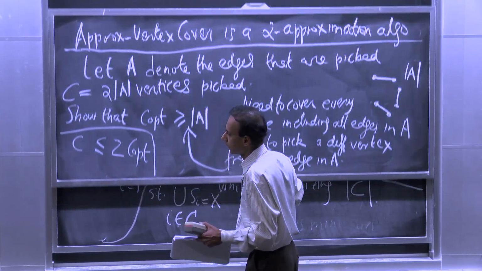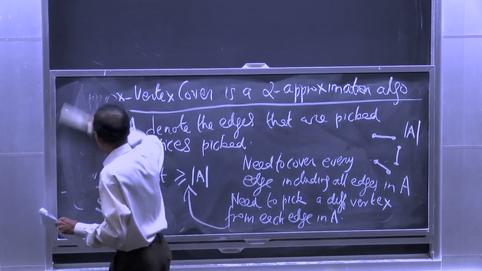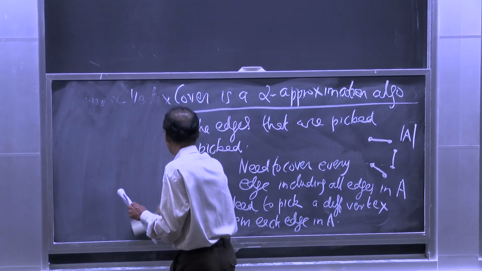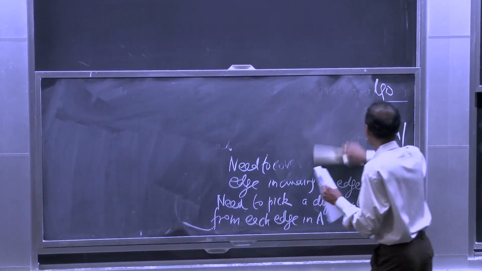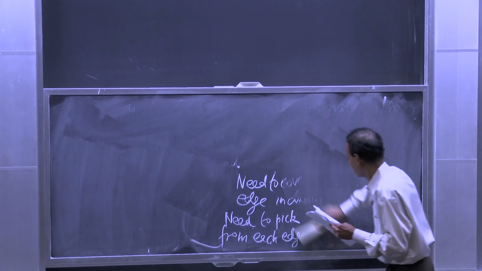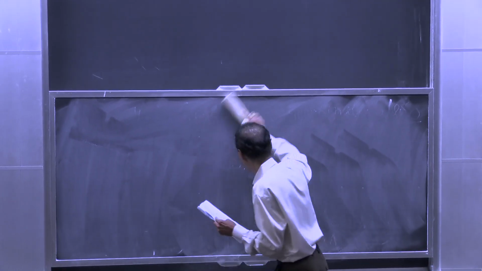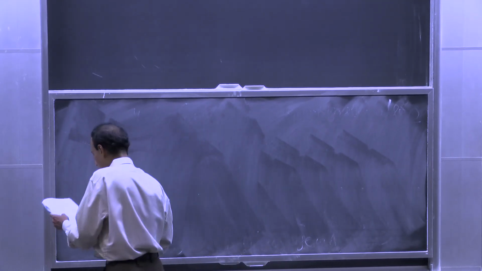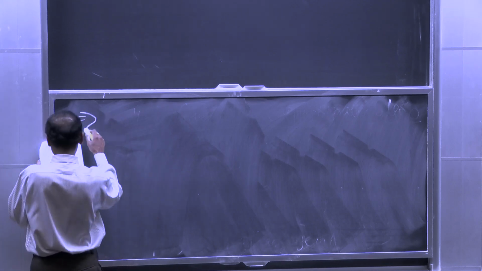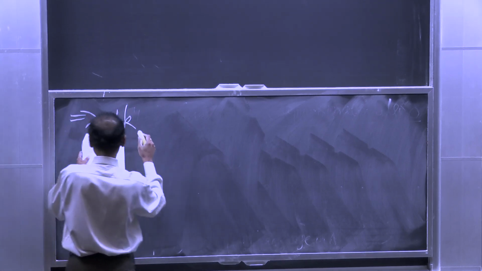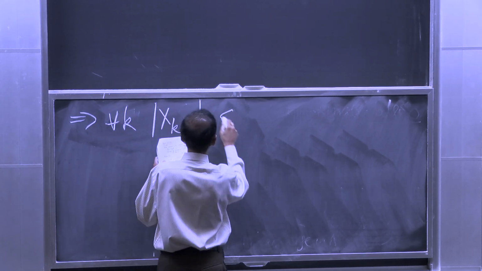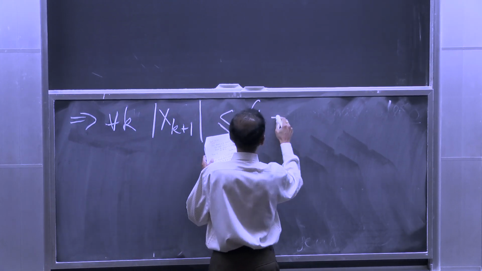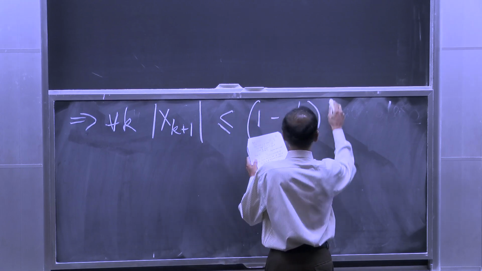So keep chugging here. And one real observation, and then the rest of it is algebra. So what I can say is that for all k, xk plus 1, which is shrinking, is less than or equal to 1 minus 1 over t times xk.